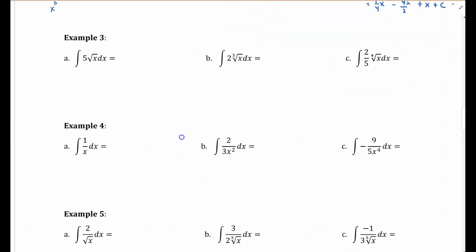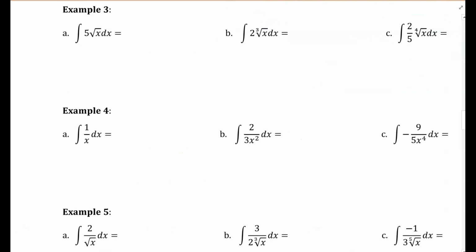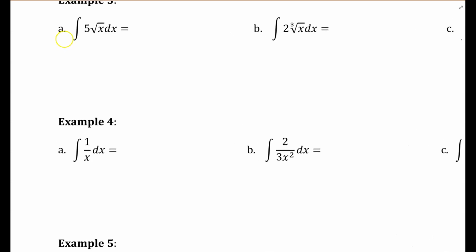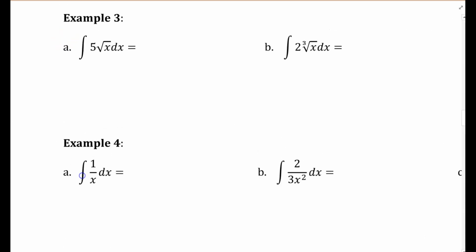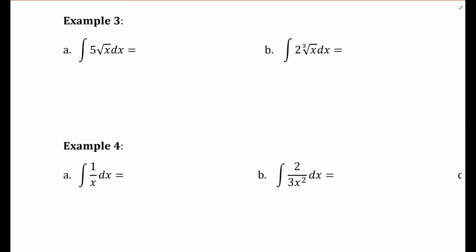All right. Couple another rounds of integration. We have here now the radicals. I'm going to show you the radicals, and what I want you to do, this comes back to that first step. Just go ahead and rewrite this. This is 5x to the power of 1/2 dx, and when I integrate this, this is just going to be 5x to the power of 3/2, and I'm going to divide by 3/2.